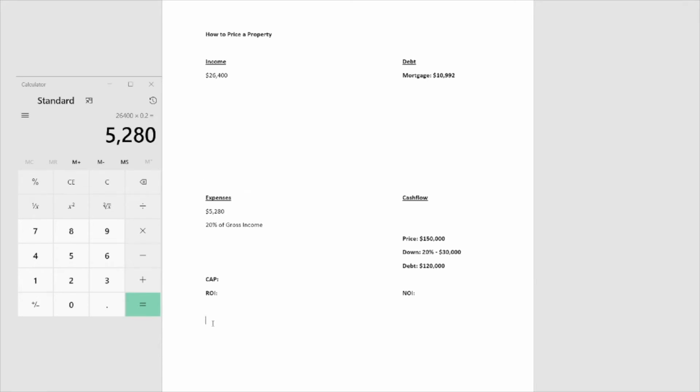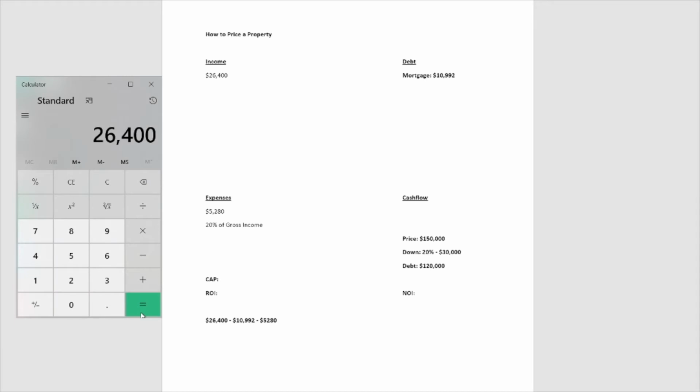Now, what we're going to be looking for is our net operating income. And in order to find this, we're going to have to take our income, which is $26,400, and we're going to have to minus it by the mortgage, which is $10,992, as well as our expenses, which is $5,280.